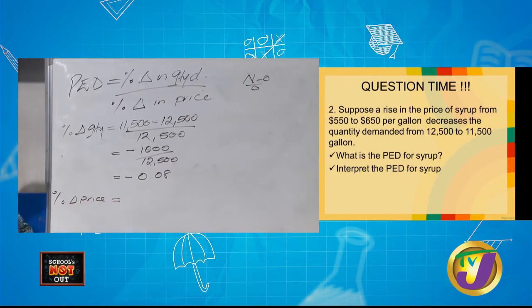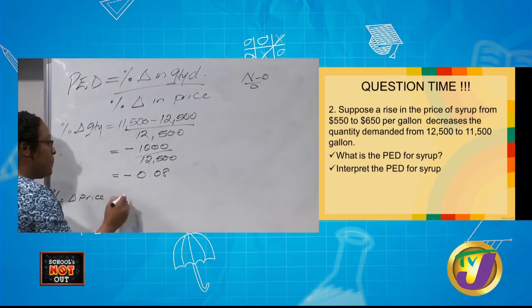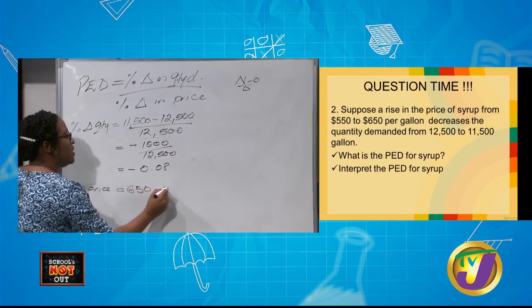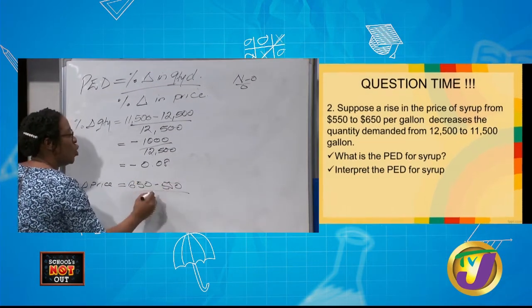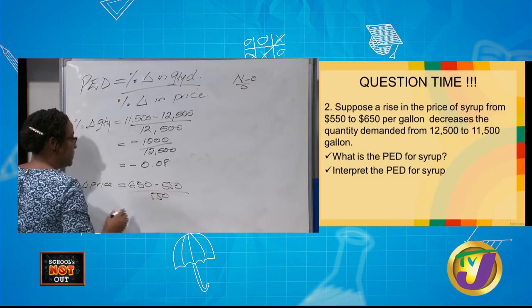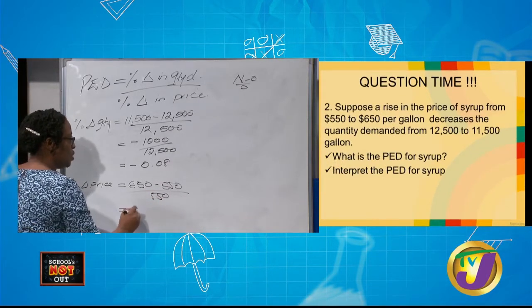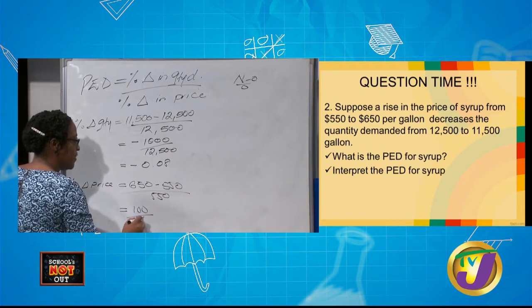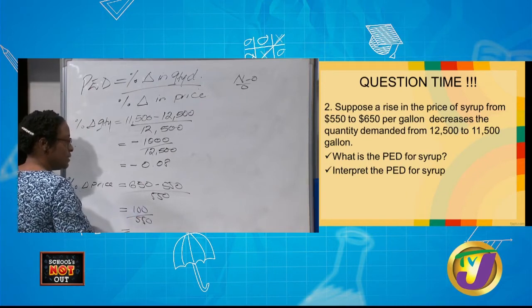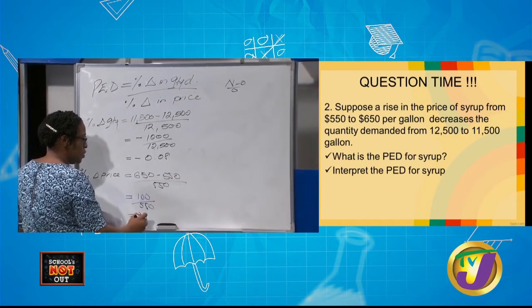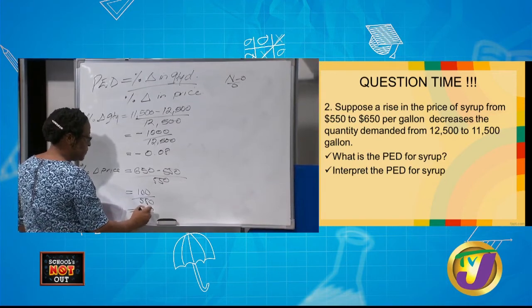Percentage change now in price. The new price is $650 minus $550 over the old price of $550. So that's 100 divided by 550, and you get 0.18.